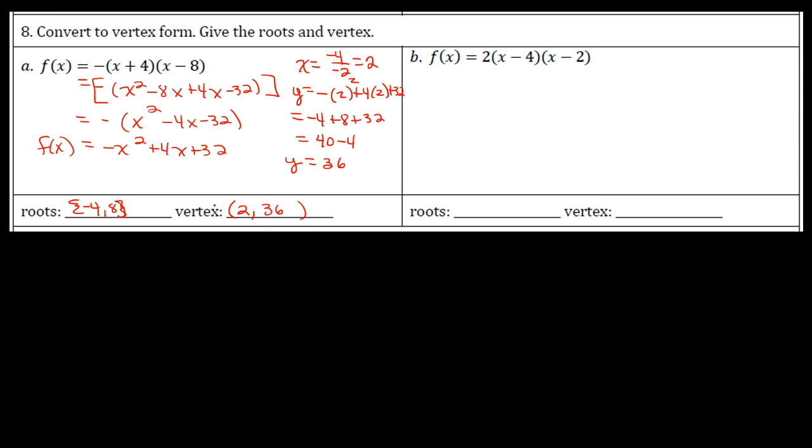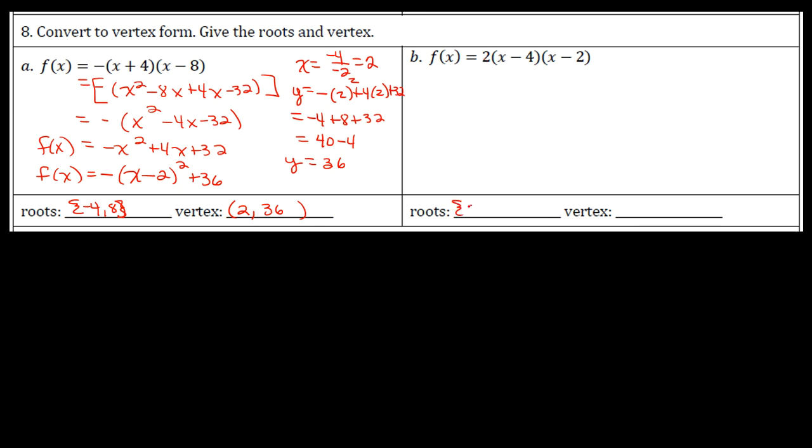Now I have what I need to write in vertex form. My a in all of these is negative 1. It's x minus 2 quantity squared plus 36. Okay, number 8b, my roots, if I set these factors equal to 0, 2 equals 0 is irrelevant.